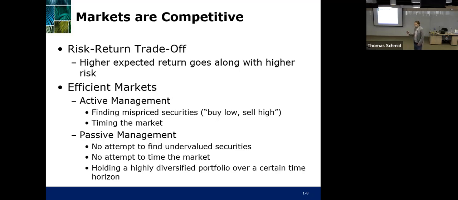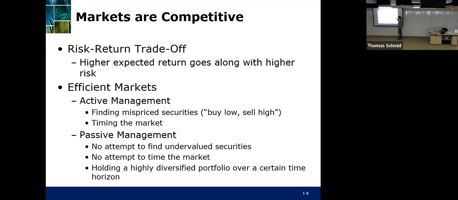All that you do in your term project, all of this information that you collect, is already included in the price. So you cannot beat the market because the market price is the most efficient estimate of the true and accurate value. So if markets are fully efficient, then active management doesn't work.